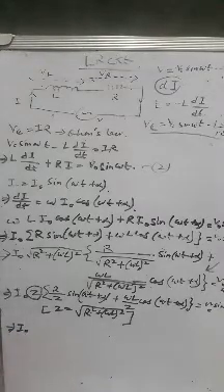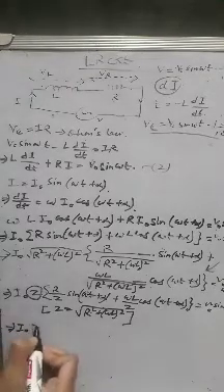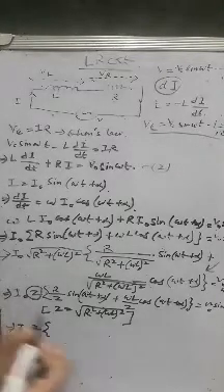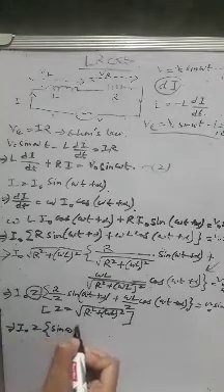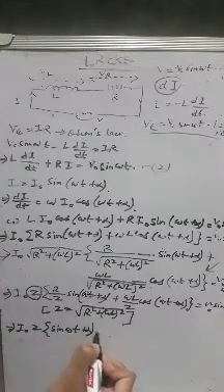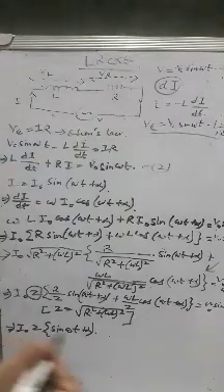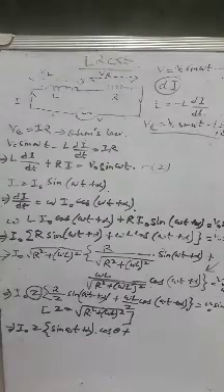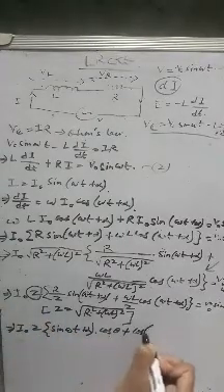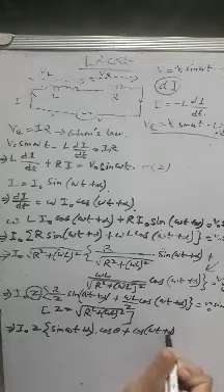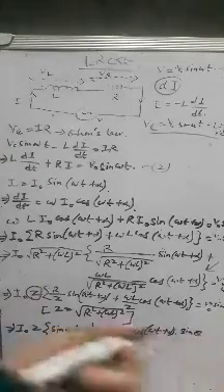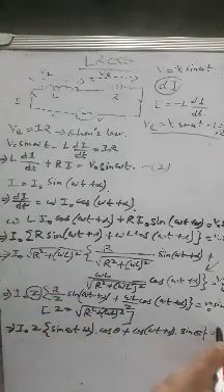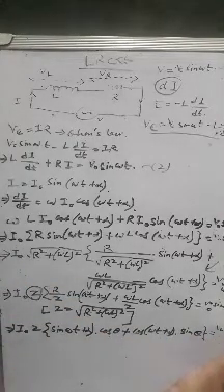I naught Z within bracket sine omega t plus alpha into cos theta plus cos omega t plus alpha into sine theta. Again, this is equal to V naught sine omega t.